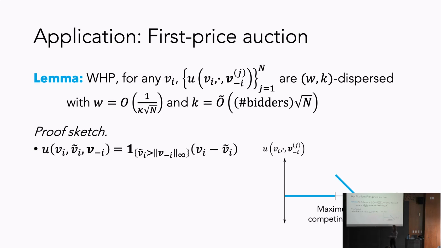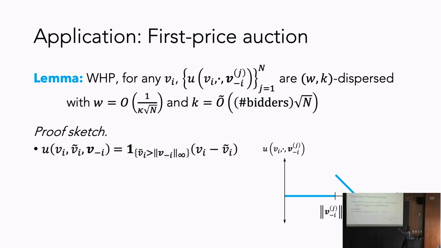Okay, so here's the proof sketch. Let's remember what this utility function looked like. As we vary the bid vi, if the bid is smaller than the max competing value, the utility is 0. And once the bid is greater than the max competing value, it's just the value minus the bid.